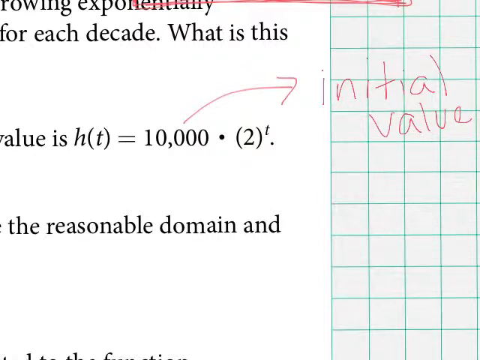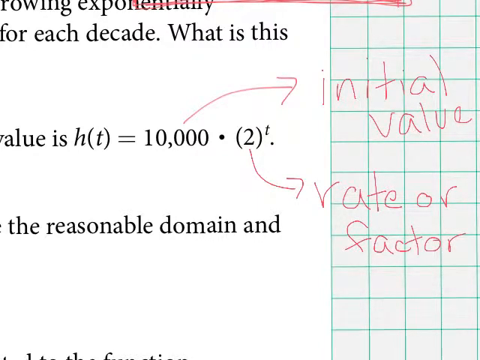What was this 2? What did we figure out what the 2 was up above? It doubles. It's the rate or the factor. You can call it either one of those things. So the rate or the factor. Okay, so if we're doubling, that factor's 2. If we are tripling, the factor's 3.